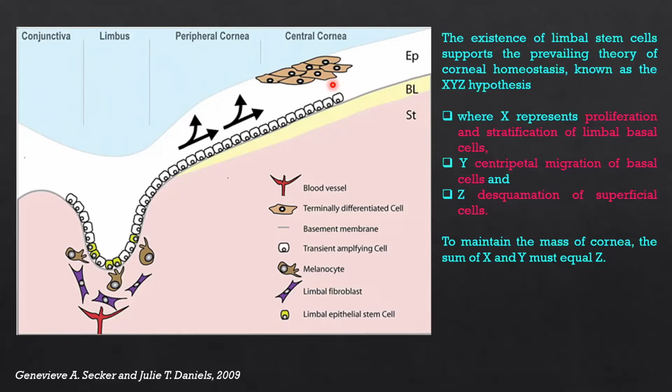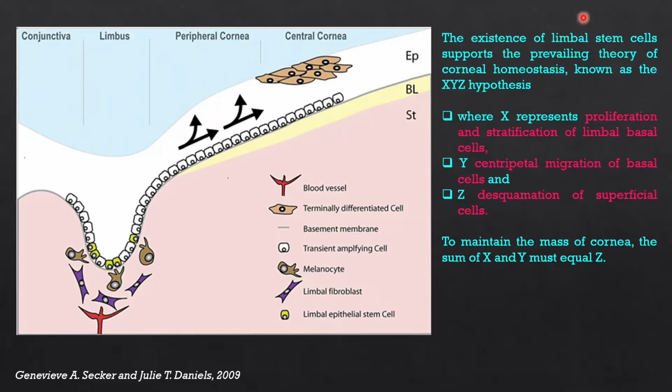When I say the XYZ hypothesis, X represents the proliferation and stratification of these stem cells. They first have to receive a signal, they have to divide, and then they have to find their way towards the cornea.